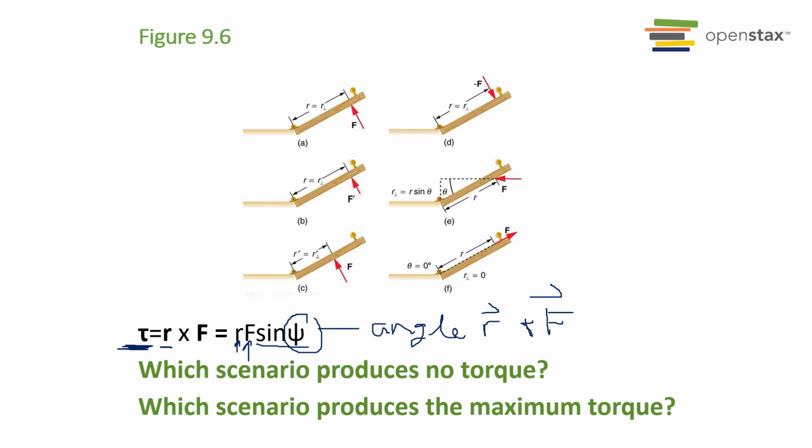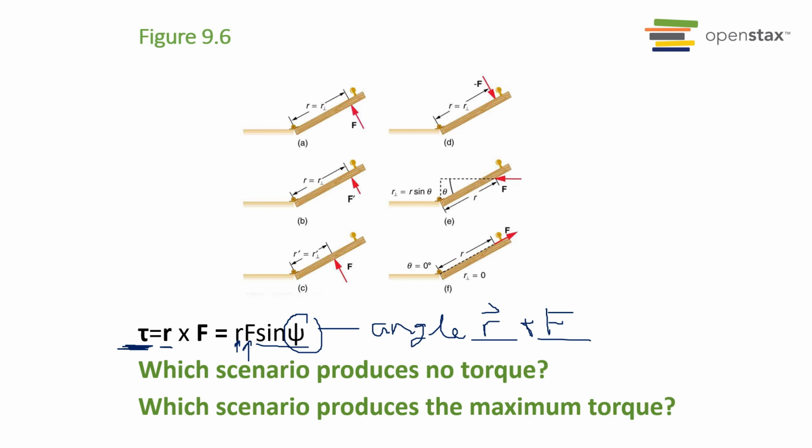The reason I'm not using theta is that usually theta represents the angle of a hill or something, which is the default. I wanted to use psi as a visual reminder to look and see what the angle between the lever arm and the force is.